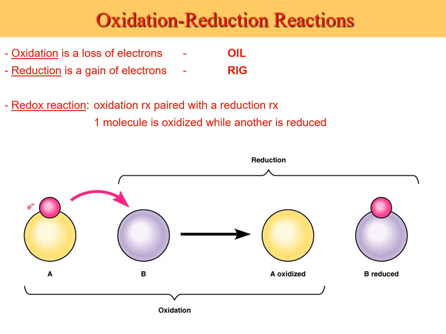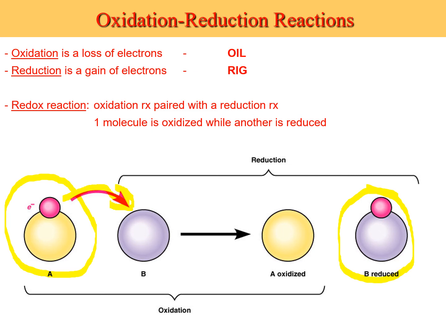In biochemical reactions, you typically get a change in electron content in certain types of reactions. The loss of an electron from a molecule, and you can see here that in this case, the electron is being lost from A and it's binding onto B, right? So that B has the electron.